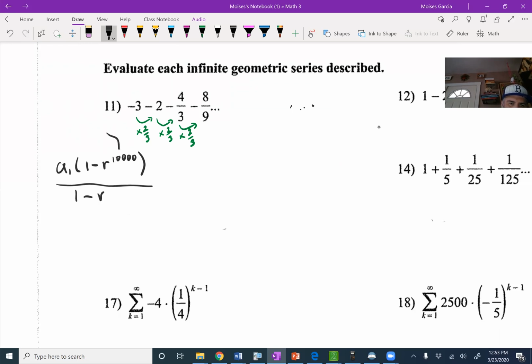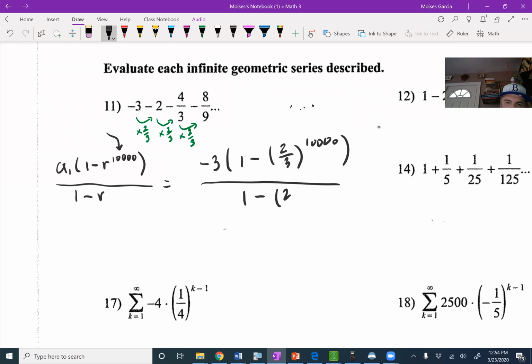We're doing 10,000 because this is going to get a sub 1 times r to the n pretty close to 0, no matter which case we're talking about. So let's write that down. That's going to be -3 times 1 minus 2/3 to the power of 10,000, all over 1 minus 2/3.